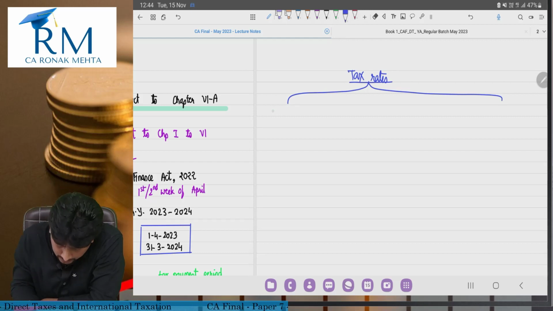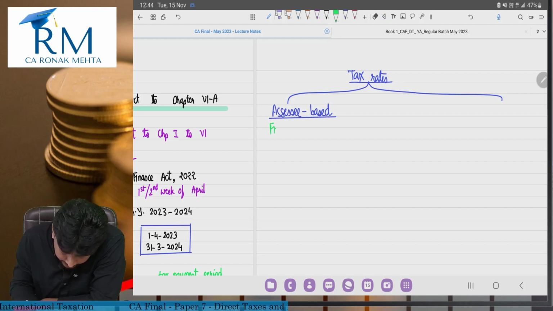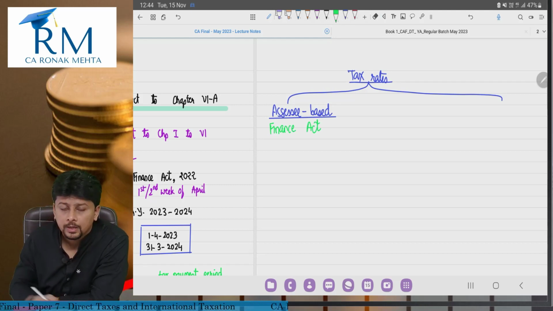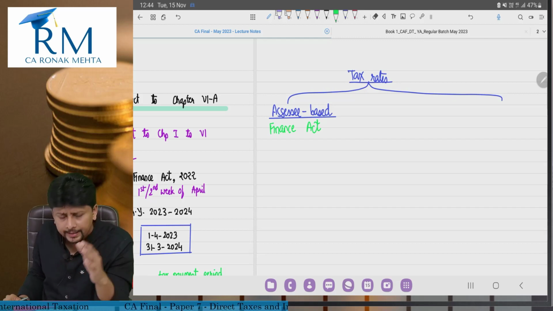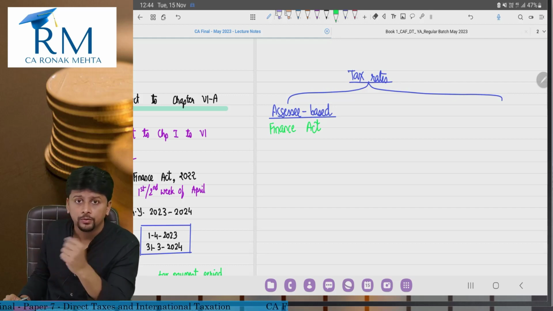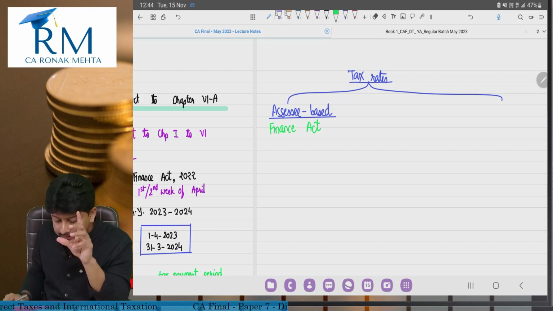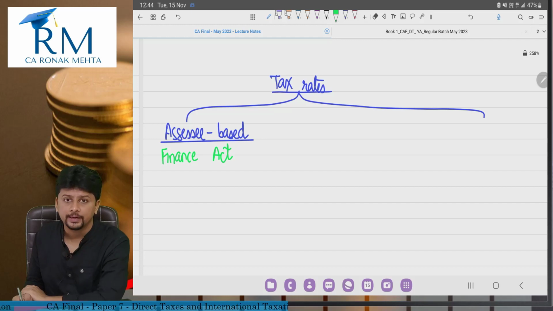One, if the tax rate depends on the type of assessee, then these will be announced in the Finance Act. Nature of assessee, type of assessee changes, tax rate changes. Individual pays tax according to slab rates. Company, partnership firm pay tax according to a flat rate. Then that is assessee based rate of tax. That is given to you by Finance Act.